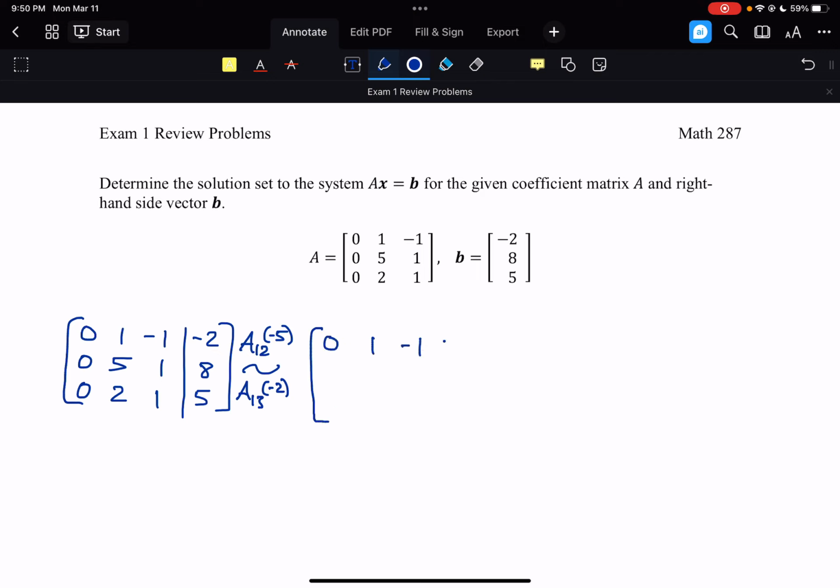So this will give us 0, 0, 6. The augmented component is going to be 18. And then the third row, we're going to get 0, 0, 3, and 9.